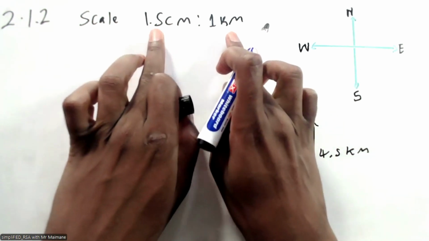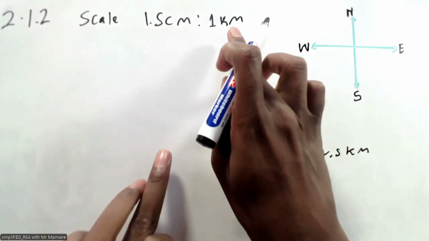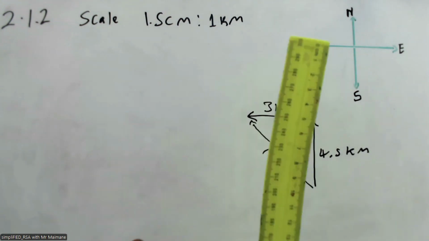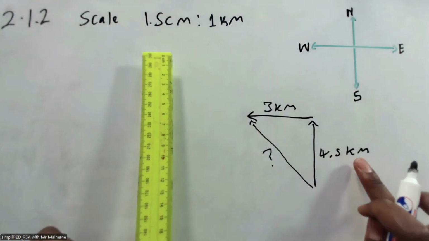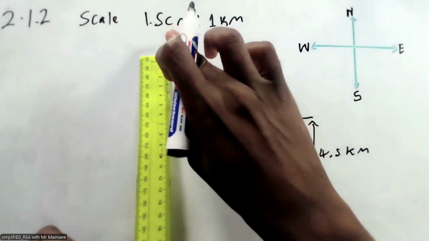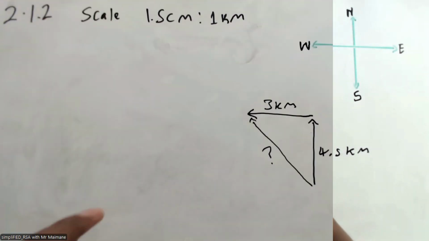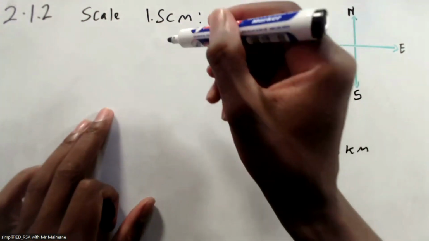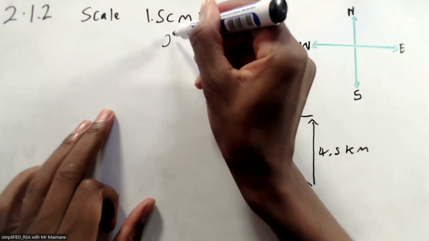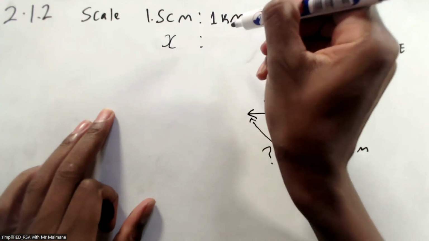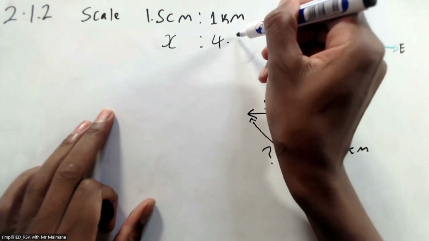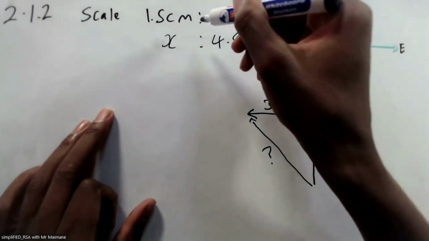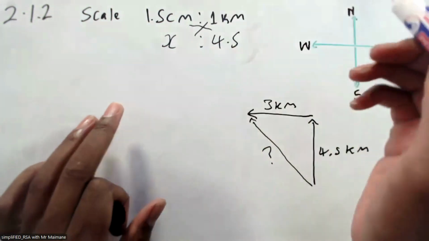But given the scale that 1.5 centimeters must represent 1 kilometer, I must write the 4.5 kilometers in centimeters. So I must ask myself how many centimeters should represent 4.5 kilometers. To get that, it's not hard. You can think of it as cross multiplying.